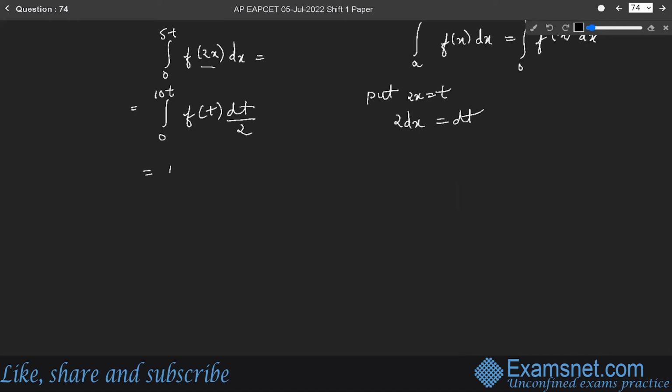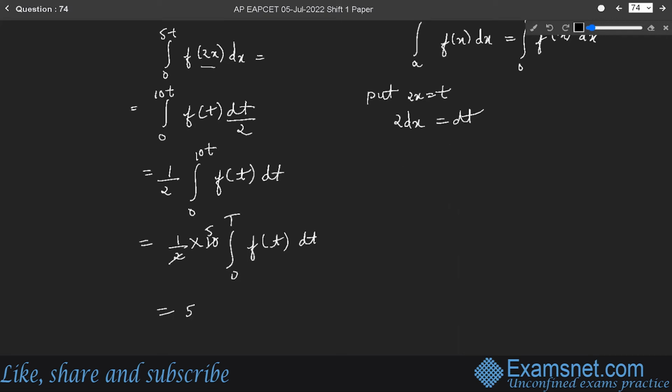Now, taking 1 by 2 outside, as it is a constant, 0 to 10t f of t dt. Further solving, it will be equals to 1 by 2 into 10 integral of 0 to t f of t dt. 1 by 2 into 10 is 5.